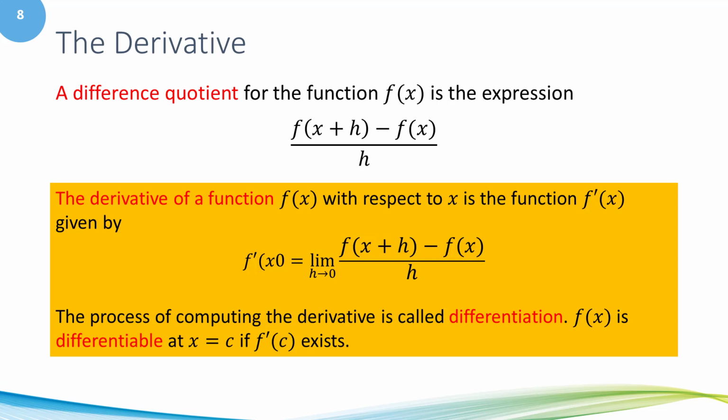And so at long last we arrive at the formal definition of the derivative, which is the limit as h goes to 0 of (f(x + h) - f(x))/h, and it is usually noted as f'(x).